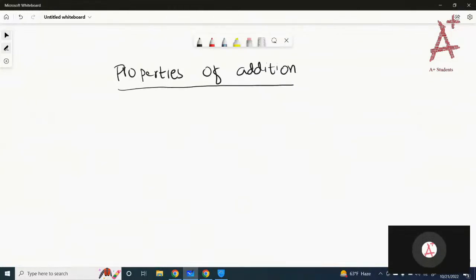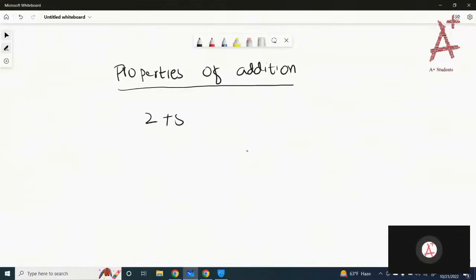Okay, so we're going to discuss properties of addition and then we'll see them with examples. The very first one is: which property of addition is shown?